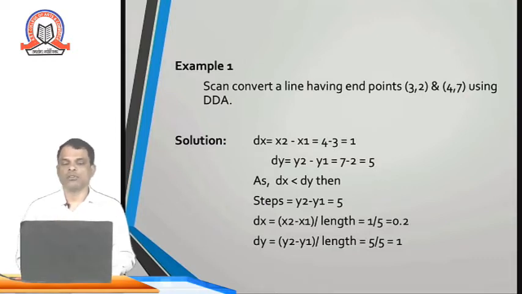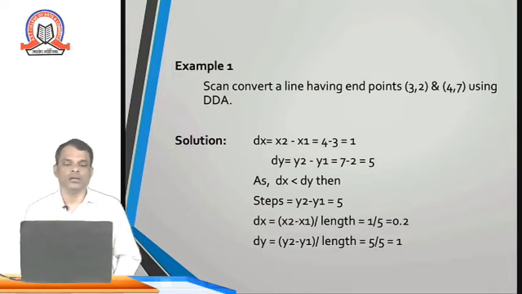Apart from this, we have to find the incrementing factor of the original values. When I plot the point 3 2, next time I have to change the value of the x coordinate and the value of the y coordinate to plot the second point. Then again I change the values to plot the third point. So we get these new values using the incrementing factor, which is dx upon length and dy upon length, where length is the steps.